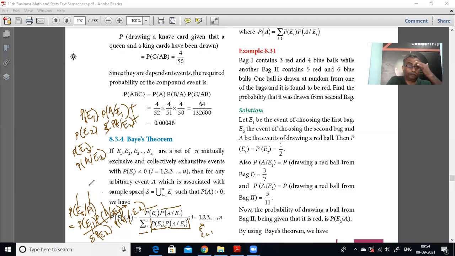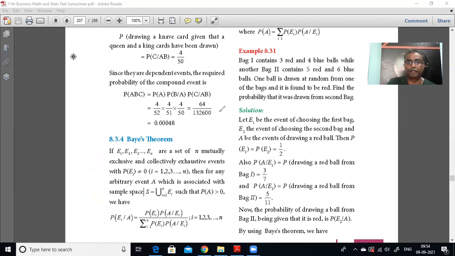Like that it will go on. So that's sigma. Now you understood the formula and the event. Now, unless we work out a problem, you will not understand the whole thing clearly.